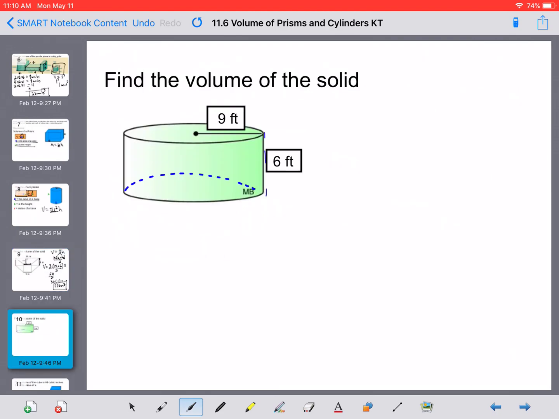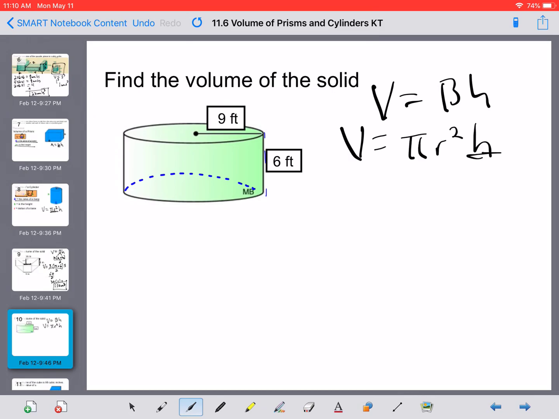Alright, let's look at the next one. So here is a cylinder. Again, we're going to say the volume for a cylinder equals big B H, or we can say the volume equals pi r squared h. Okay, and height again is the height of the prism, or the 6 foot over here. So we could put this in as pi. Now our radius is 9, so we put 9 squared times the height, which is 6.